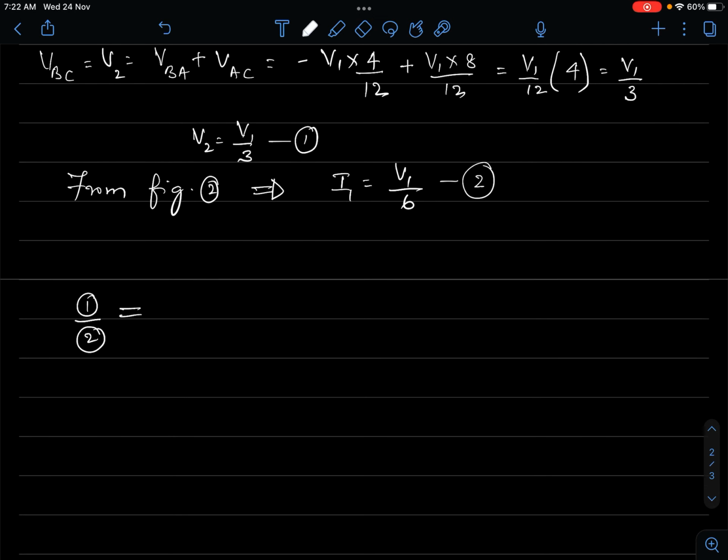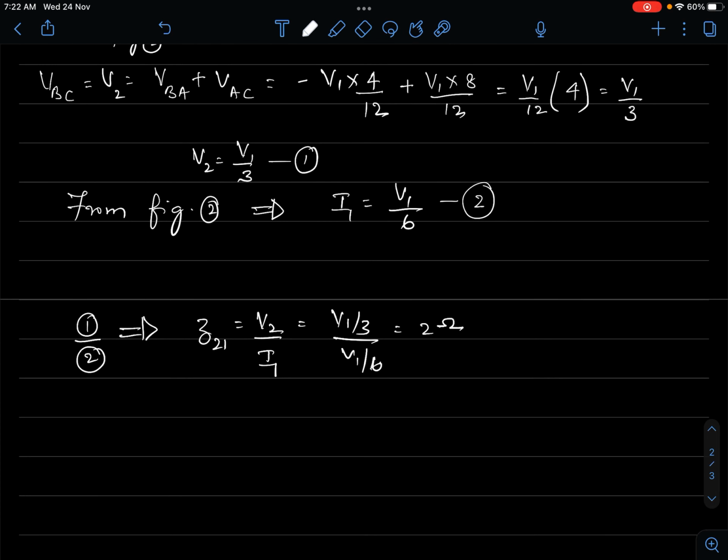Equation 1 by 2, what do we get? If I do 1 divided by 2, I'll get what is called Z21. Z21 is V2 divided by I1, which is equal to V1 by 3 divided by V1 by 6. This is equal to 2 ohms. Alright, so now I'm able to determine Z21 as 2 ohms.